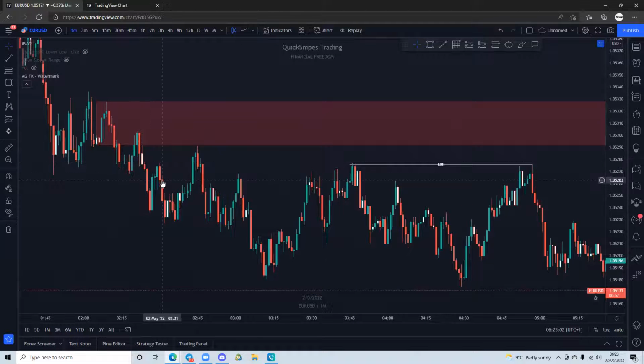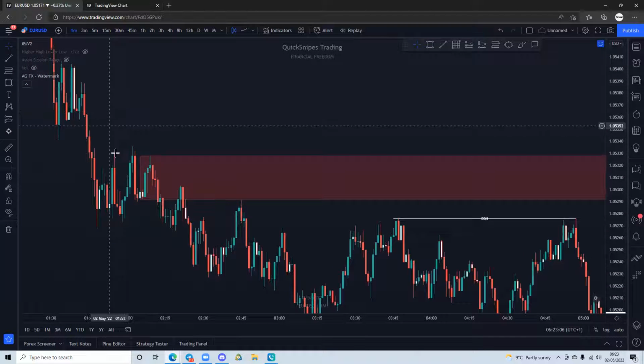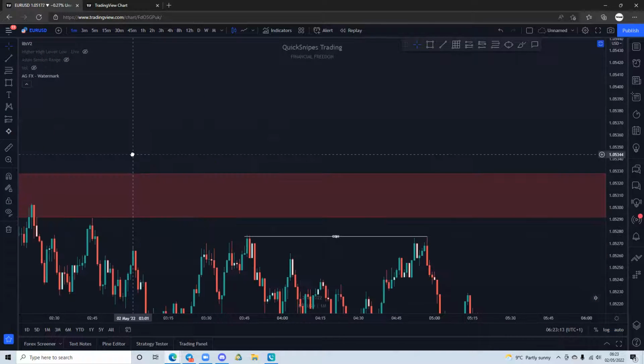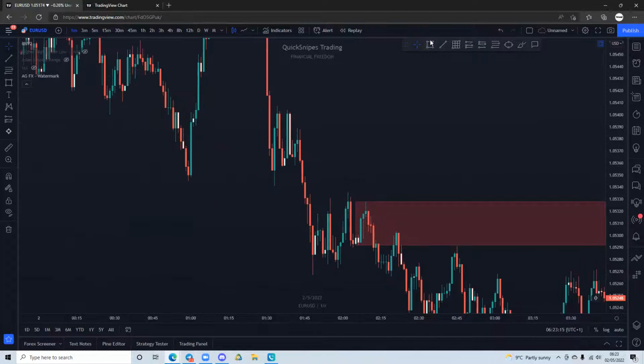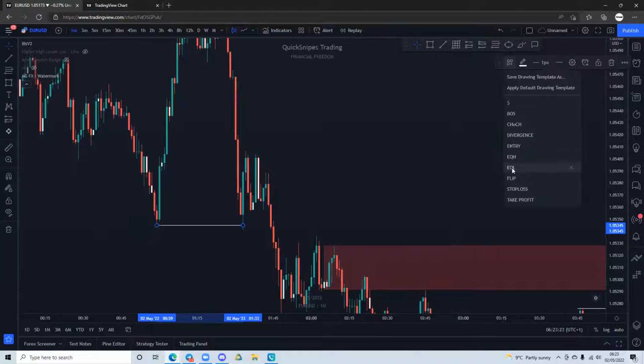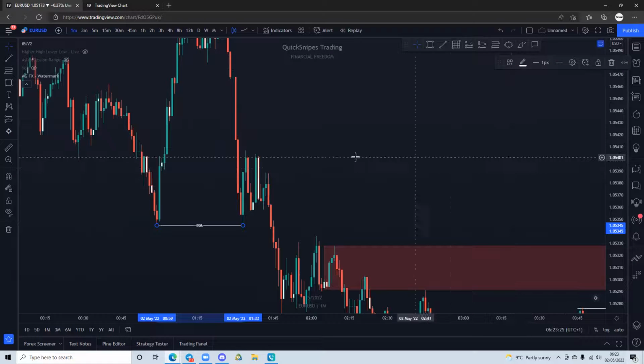Nothing too clear on the 1 minute, to be honest. We could potentially see this as a zone to enter off of. However, I wouldn't count on it because there are equal lows here, and those equal lows acted as liquidity to the upside.